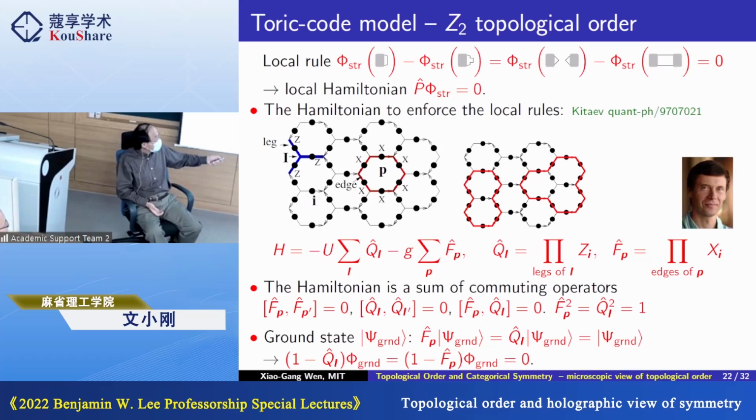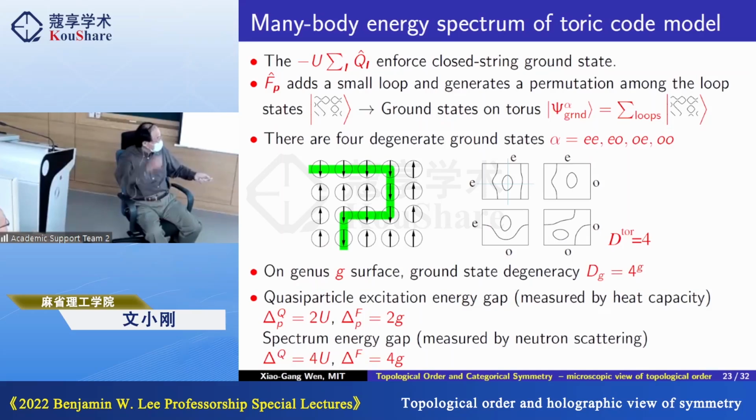If you make one F go from plus 1 to minus 1, you increase the energy by 2G. So that's an excitation, a quasi-particle excitation, where F and Q may flip sign. The energy gap for the excitation will be either 2U or 2G. When you measure the heat capacity, you will see this activation gap, the smaller one of 2U or 2G.